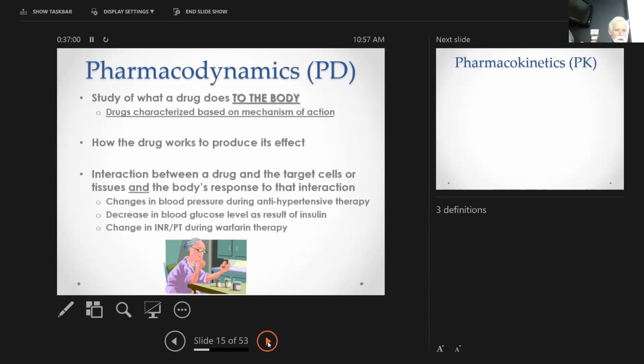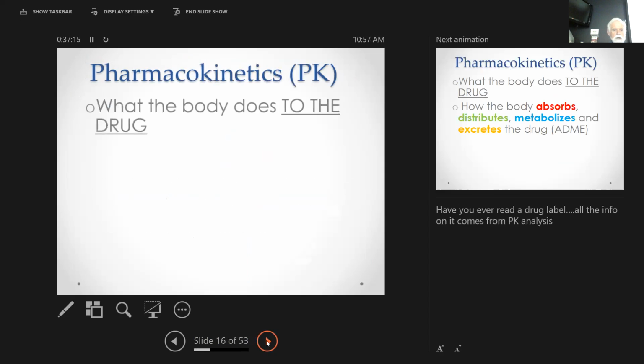Okay? And then I mentioned international normalized ratio, ProTime, during Coumadin therapy. Coumadin is the brand name for warfarin. Okay. Pharmacokinetics, on the other hand, is the other way around. What does the body do to the drug?